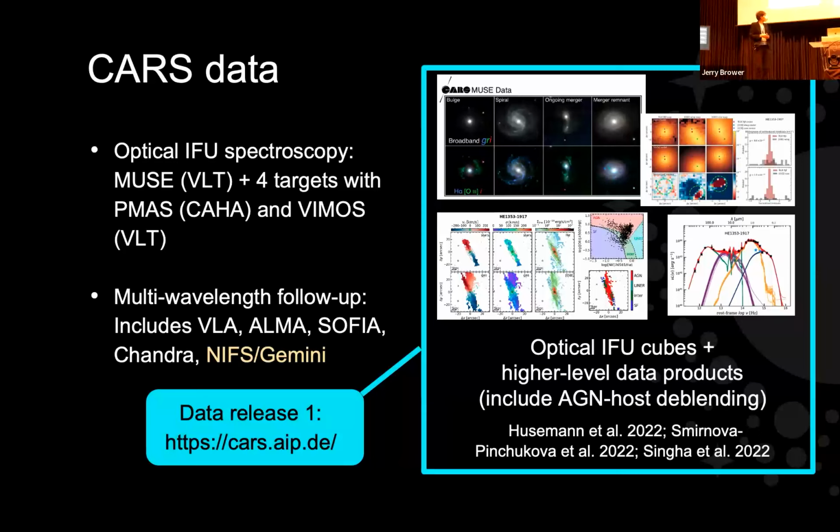And this is done based on a PSF that can be traced in the cubes themselves by using, because these are unobscured AGN, the broad-line emission from the broad-line region of the AGN, which is intrinsically unresolved in this data, to probe the PSF and then perform an iterative host galaxy AGN deblending on these data cubes. And this is included in the data release.